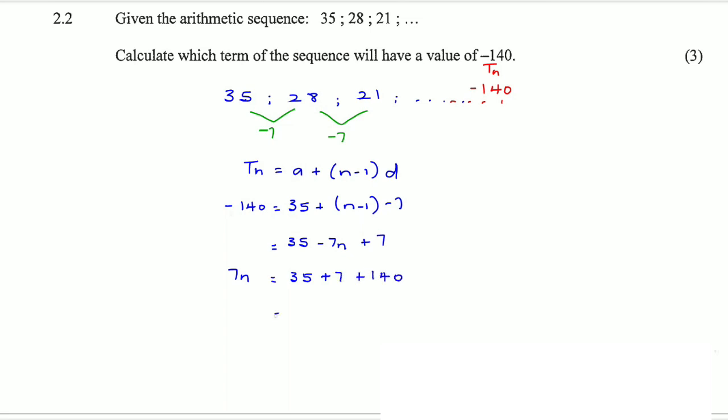So 7n is equal to 182. We divide both sides of the equation by 7, and n is equal to 26. This means that minus 140 lies in the 26th position in the sequence.